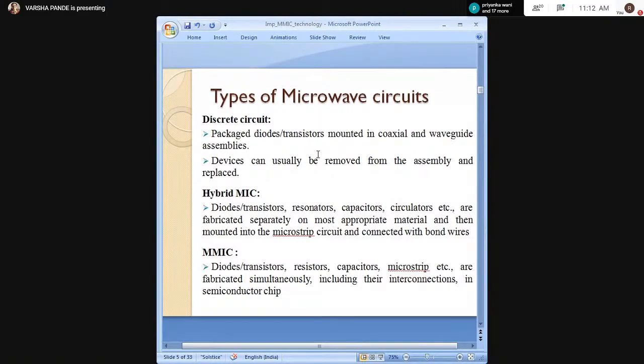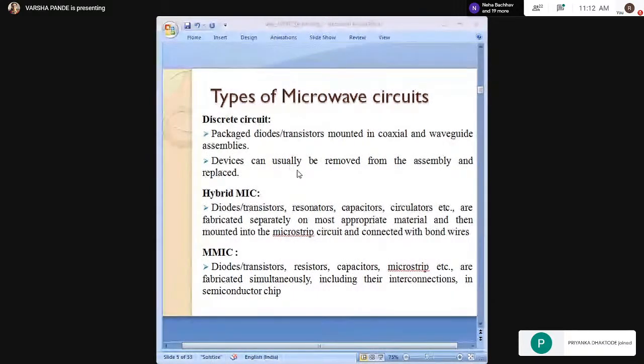Suppose you are doing a project and connecting different components on a printed circuit board: transistors, field effect transistors, power amplifiers or power transistors, and passive components like capacitor, inductor, and resistor. If all are mounted using a printed circuit board, then that is nothing but a discrete circuit.